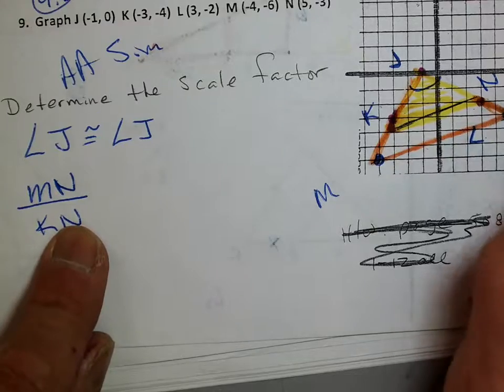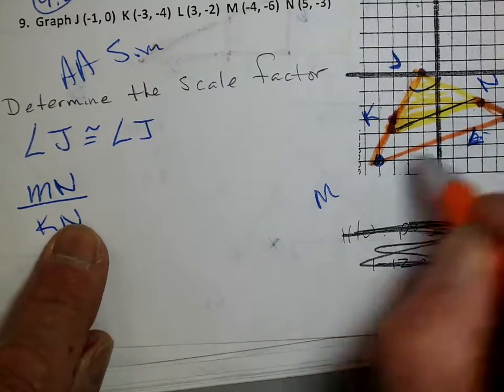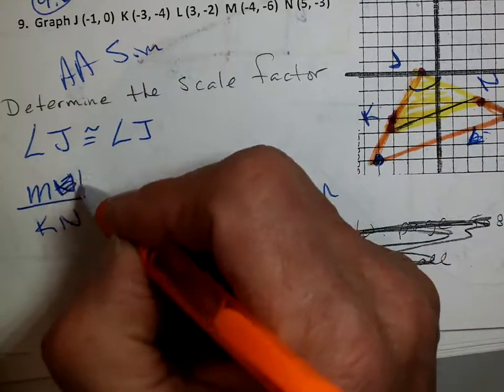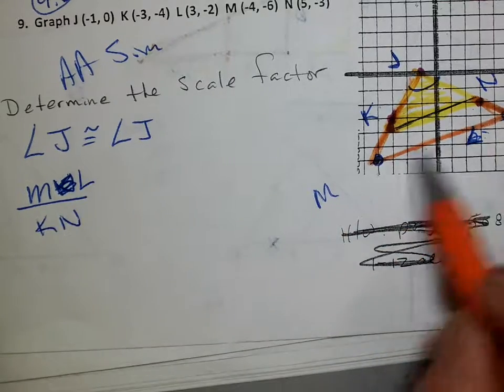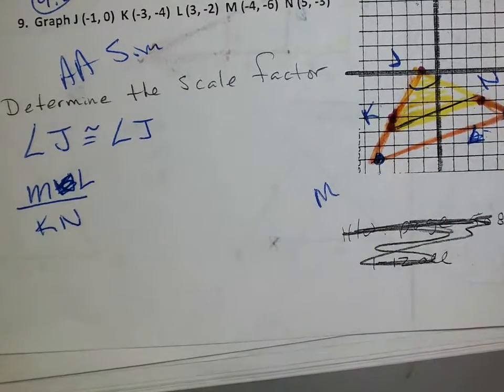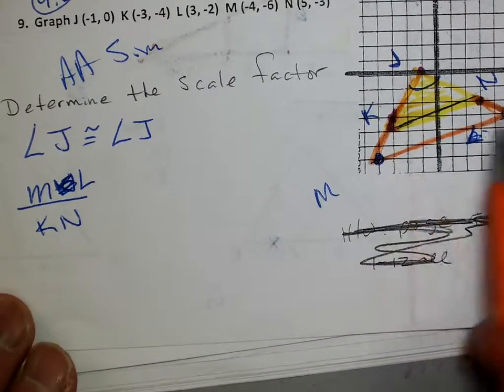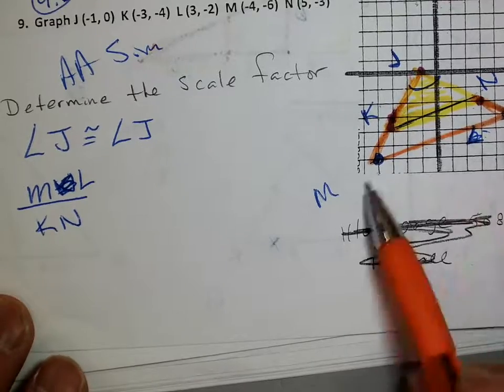Yeah. ML and KN. Got it. Okay? My bad for messing up, but I'll fix it. So what's the length of ML? How can you find out what the length of ML is?